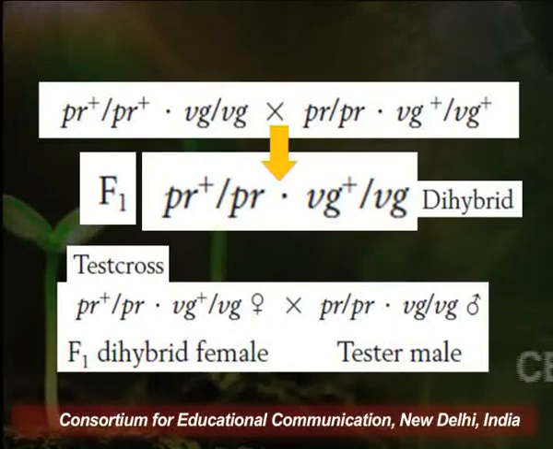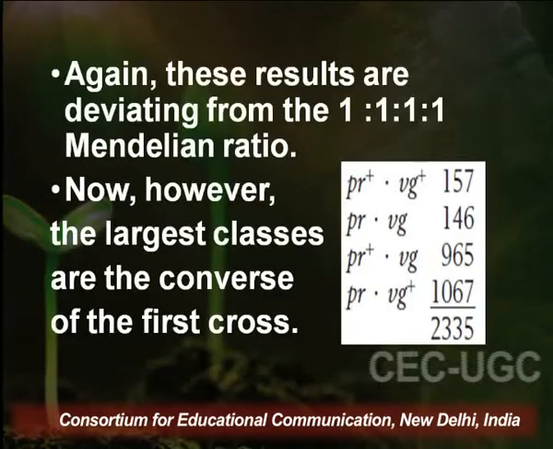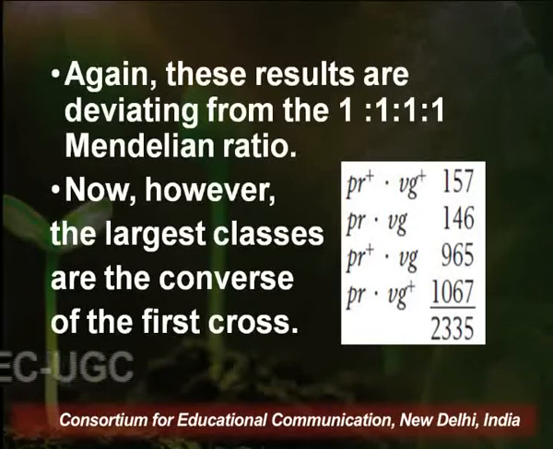In this second cross, he found that when the F1 female and the tester male were test crossed, a different type of result came as far as the progeny is concerned. Out of a total of 2,335 individuals, there was nothing to say that it was a 1:1:1:1 ratio.